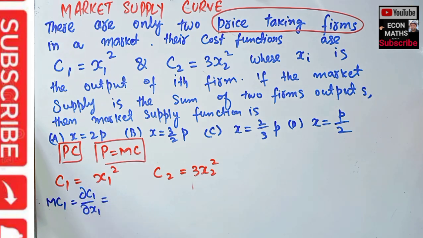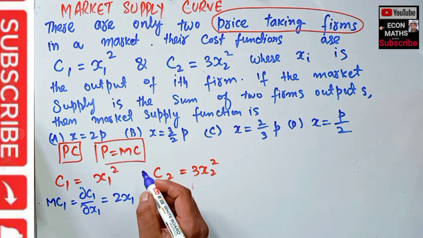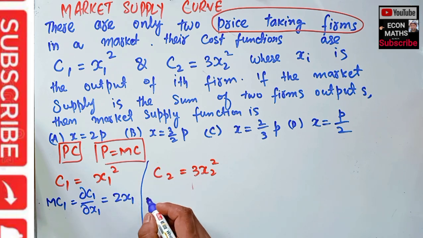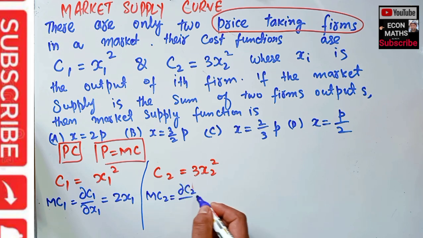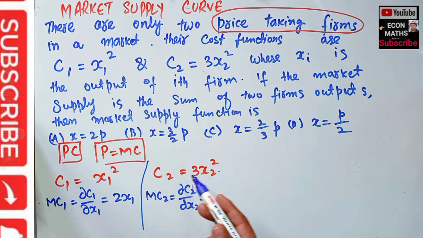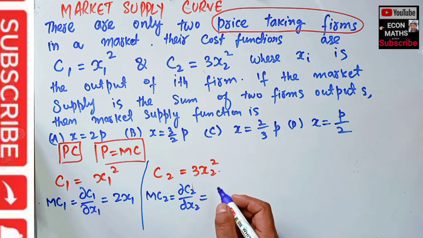The derivative of x1 squared is 2x1. Similarly, the marginal cost of firm 2 is the derivative of its cost function with respect to x2, so the 2 becomes a coefficient, and 2 times 3 is 6x2.